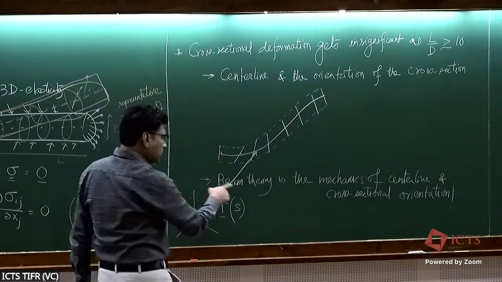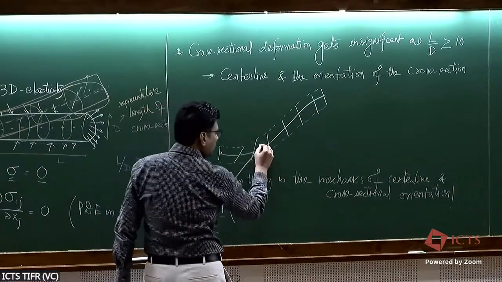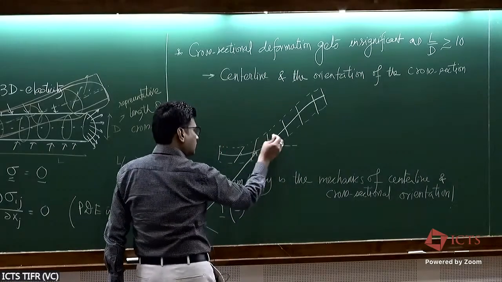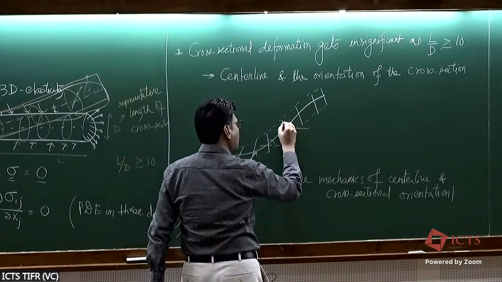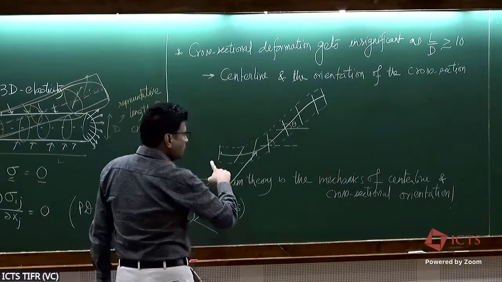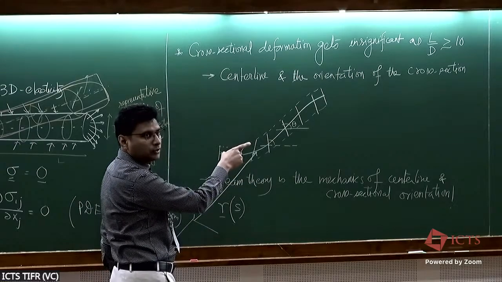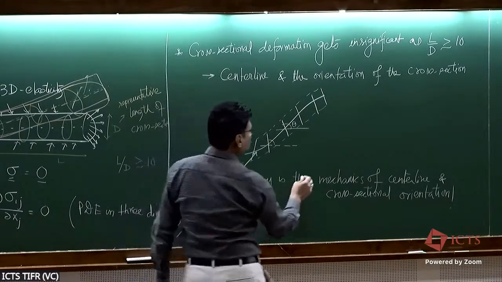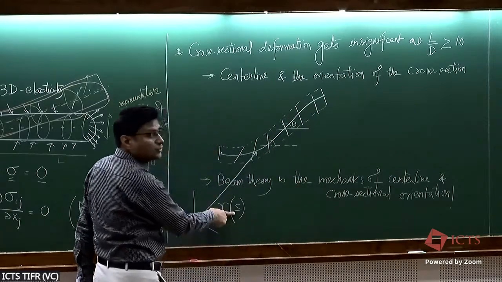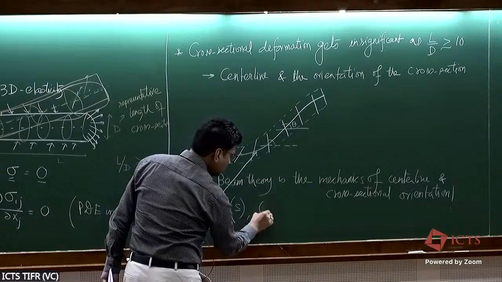You have this as your kinematic variable. Likewise, the orientation can be given by how much it has rotated compared to the horizontal line. With respect to the horizontal line, how much has that rotated, theta. So notice that the two variables, the center line and the cross-section orientation, are now only functions of the length of the beam, which is being given here through this variable s. Okay? You have r of s and theta of s.